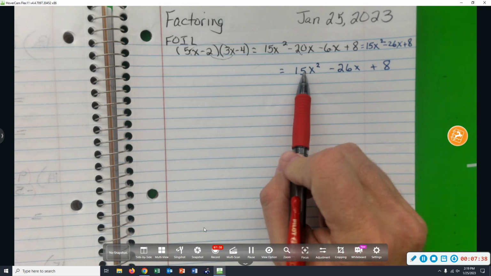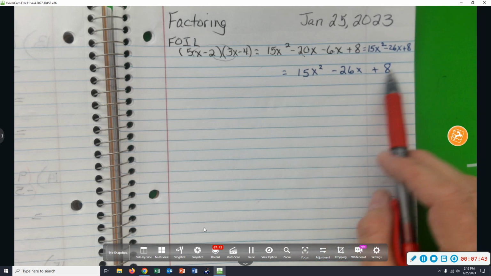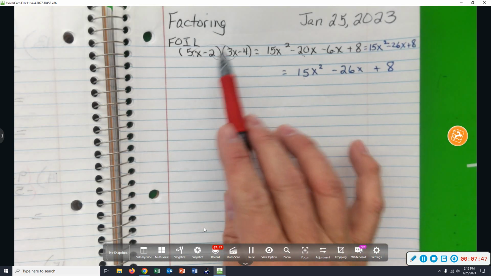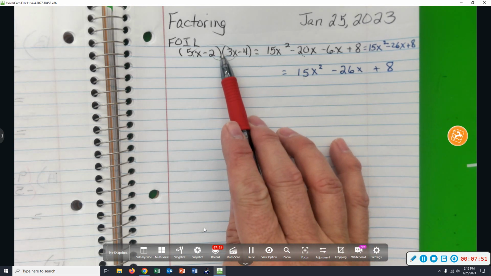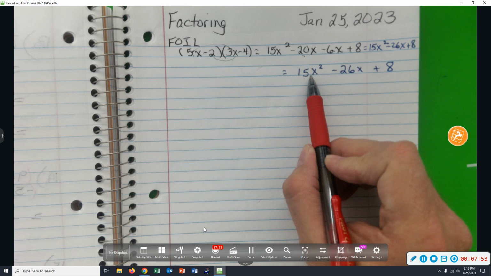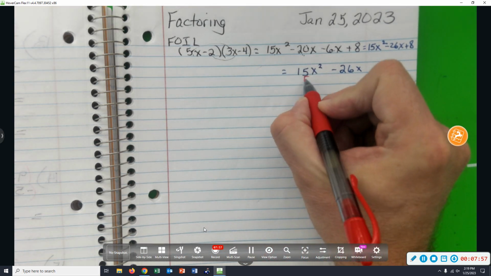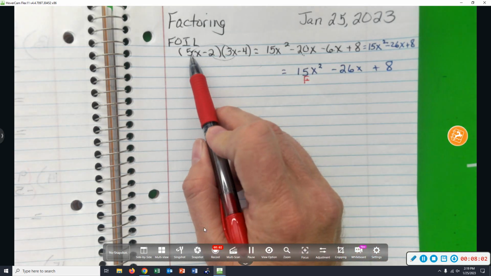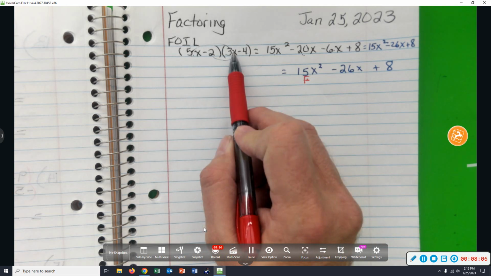What we're going to be doing today is going backwards. Given this trinomial, rewrite it with these two sets of parentheses. That's what we mean by factoring, rewriting as a product, multiplication. If we were going backwards, we would notice this first term comes from the first two terms, the 5x and the 3x.